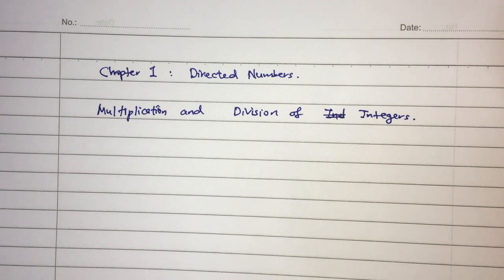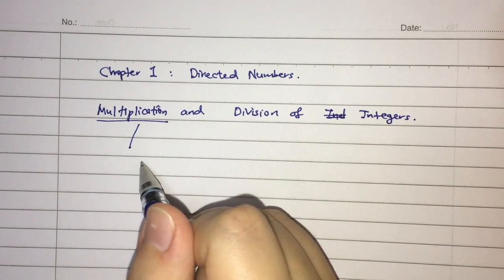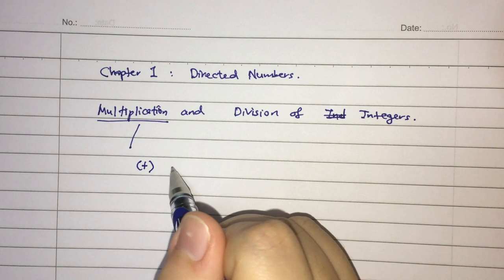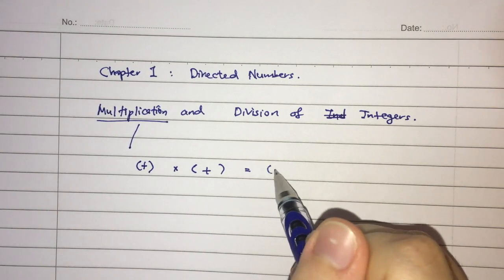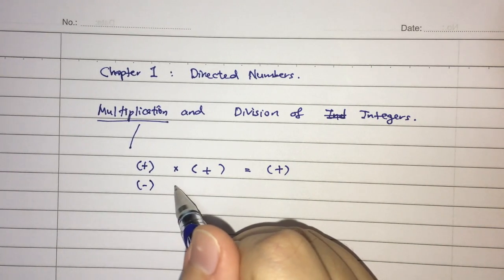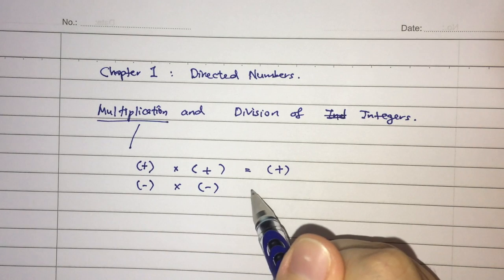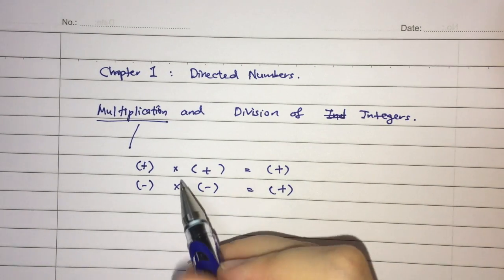So first there are some rules you need to know. In multiplication, if we have a positive times a positive, we will get a positive sign. Then if we get a negative sign times a negative sign, we will get a positive sign too.